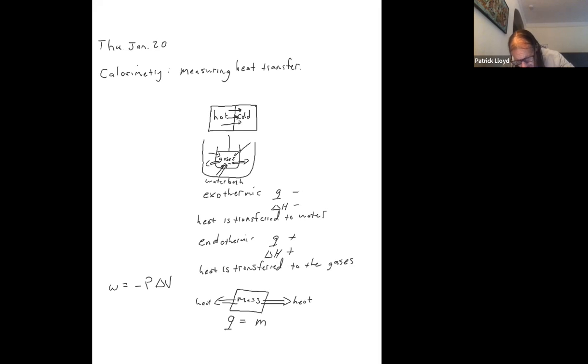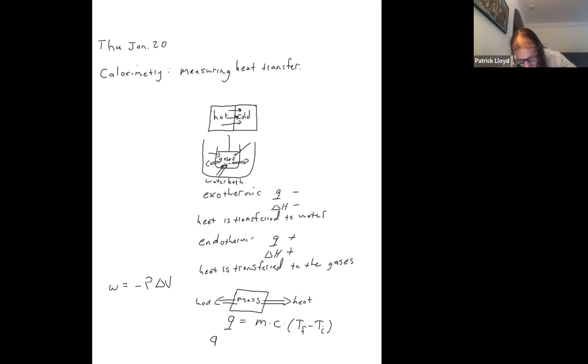It's M for mass times C for specific heat capacity times the final temperature minus the initial temperature of the mass. Okay, so we measure the temperature at the beginning, Ti. We measure the temperature at the end, Tf.